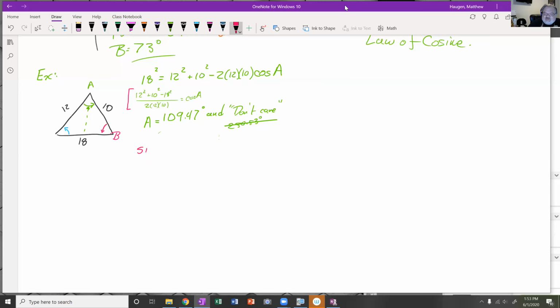So the sine of B in ratio to the 12 has to equal the sine of the 109.47 in ratio to the 18. So B is equal to the sine inverse. It's safe for me to write that because we know it will be the principal sine inverse, because it has to be the acute angle.